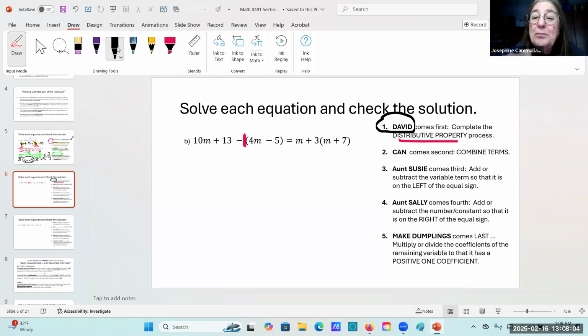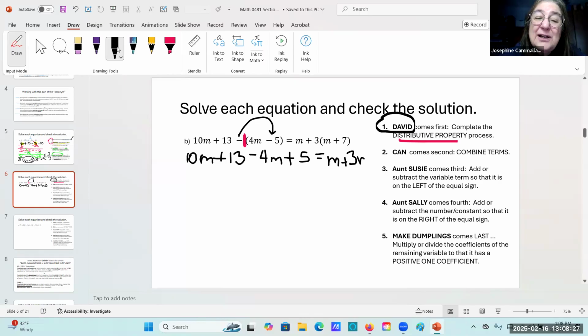Let's get rid of the parentheses. This is 10m plus 13 minus 4m. Now remember, this is positive 5. Negative times negative, and this is giving me m plus 3m plus 21.